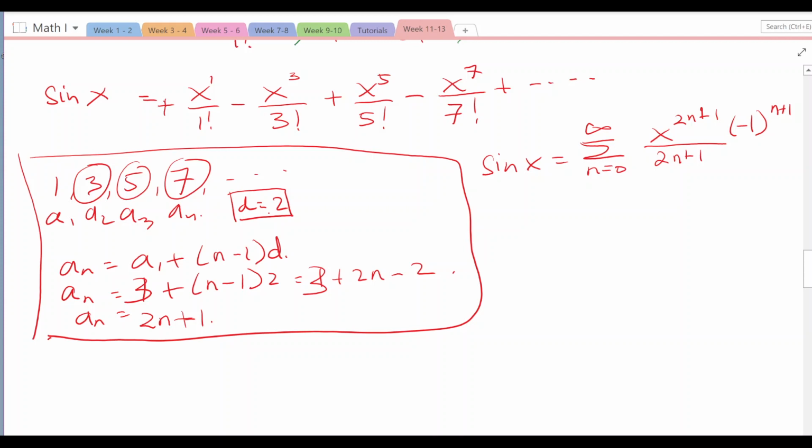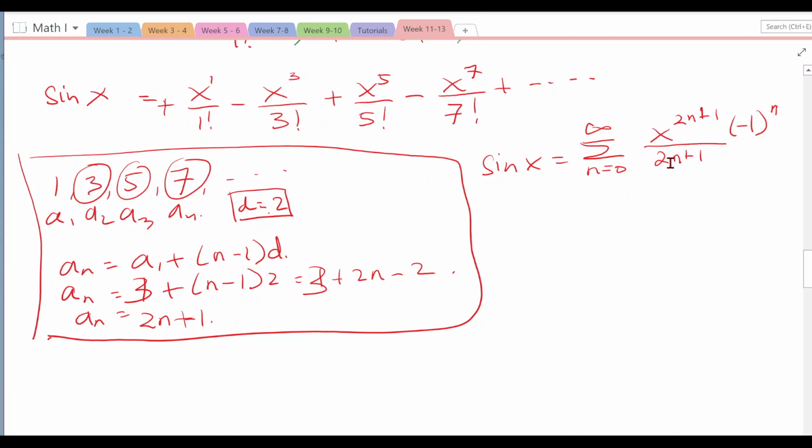Then the whole thing is correct, and we don't have to include n plus 1; we simply use negative 1 raised to the power of n. Let's try again. Starting from n equals 0, 2 times 0 plus 1 gives x, which is our first term.